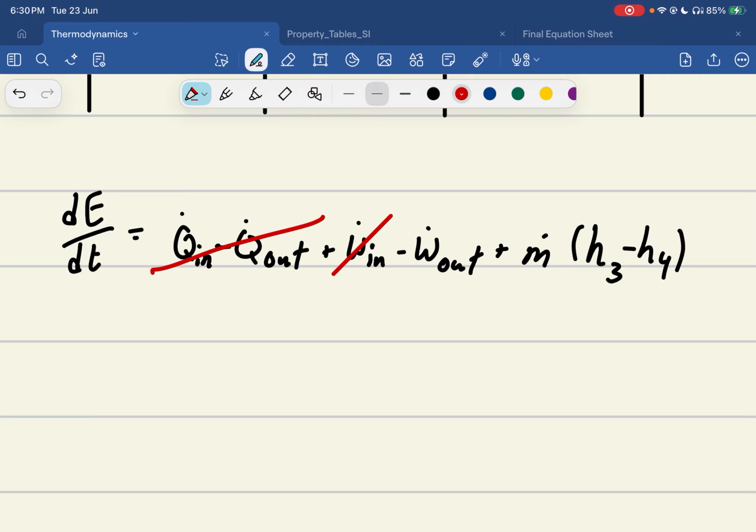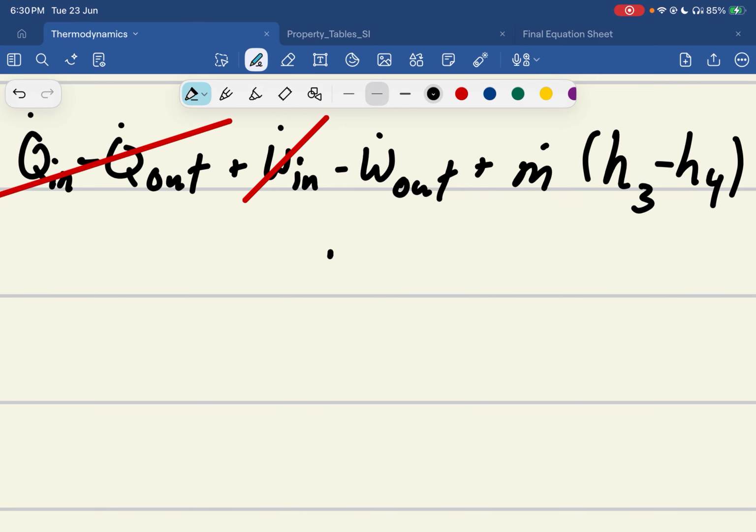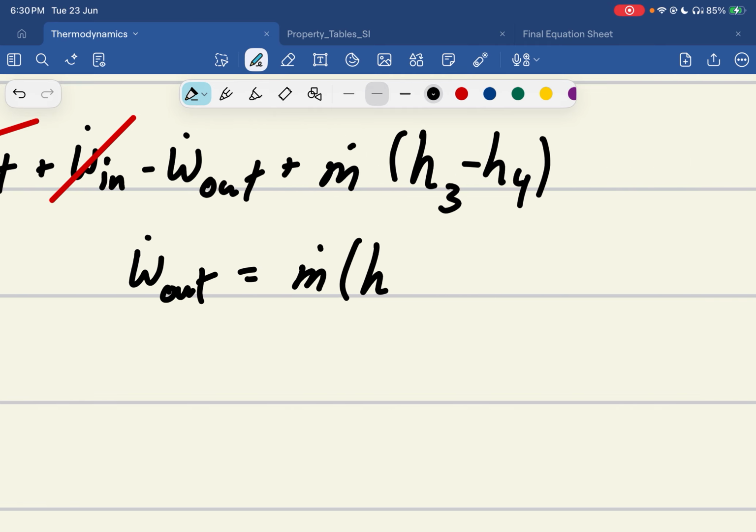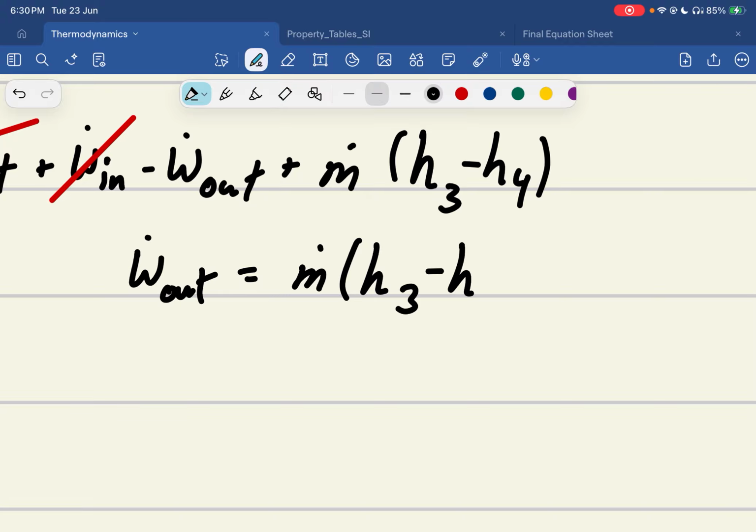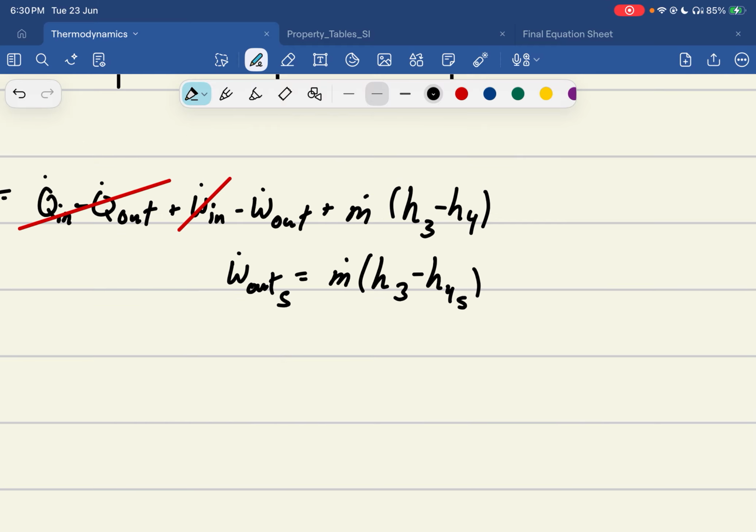Crossing this, and it's steady, so crossing that. So we can say our work out equals m dot of H3 minus H4, but we're going to say H4S because this is a work out S.